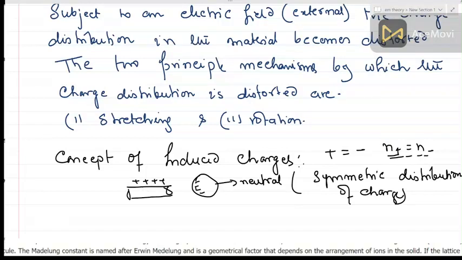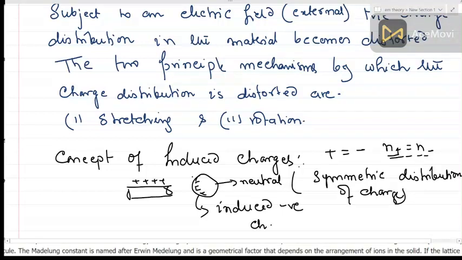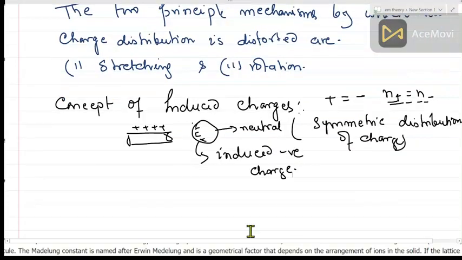So there are as many positive charges as there are negative charges. Now when you bring this positive charge near this surface, you have an induced negative charge. We have studied this at school level. So this is the concept of induced charges.